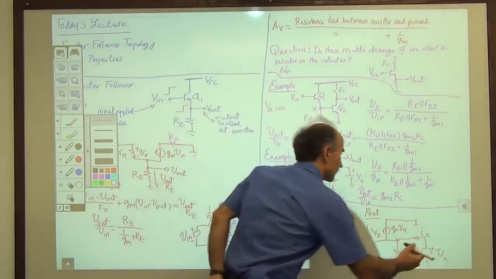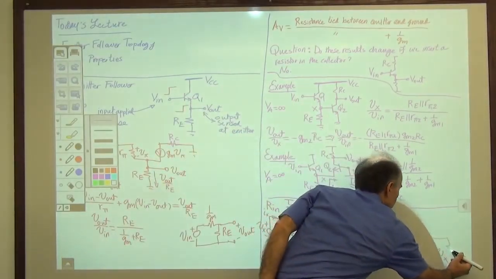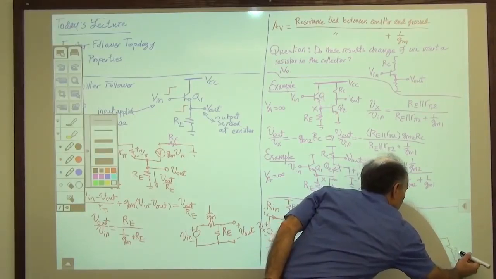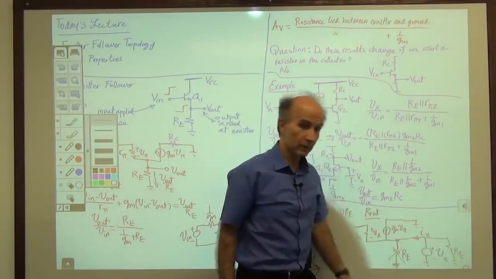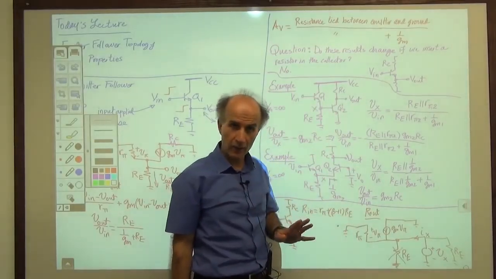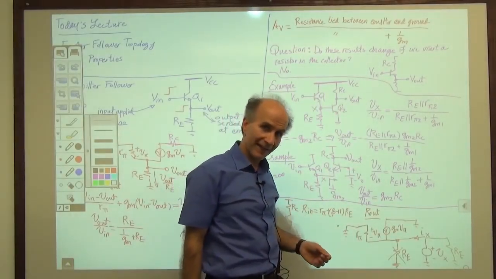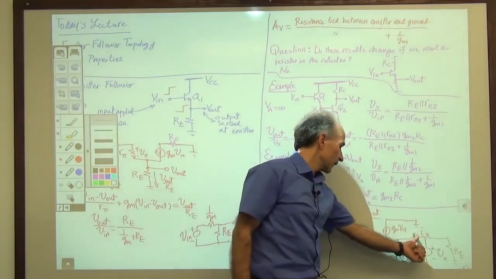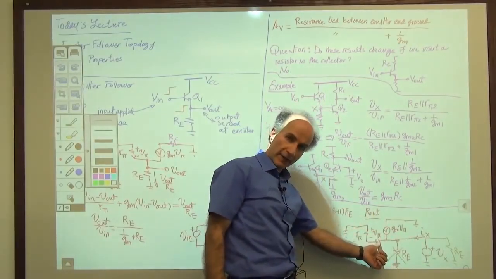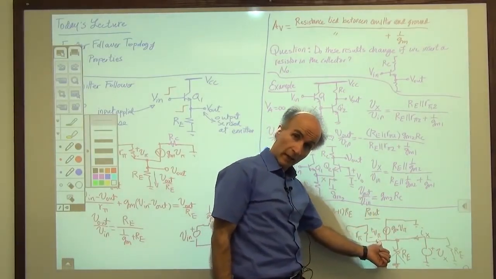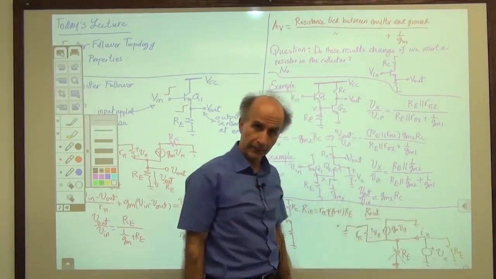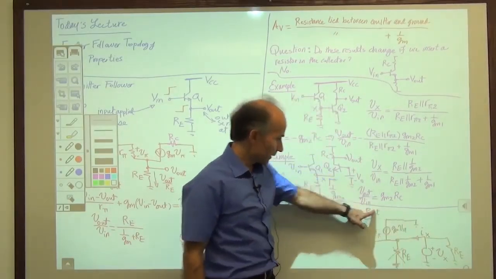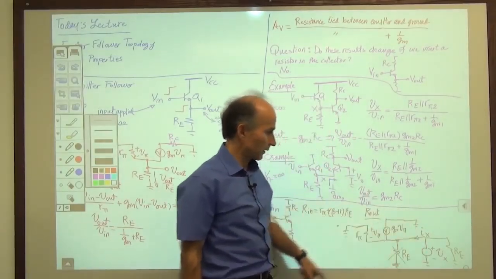Okay, in fact, I can do it this way so that you remember it's still there, RE. All right, I moved it from the left to the right. The topology hasn't changed. And what I will do is find the resistance that I see looking this way. That's a resistance to ground. And then I remember that there's one more resistor to ground, RE, and they're in parallel. Okay, so let's go find the resistance of this topology here.